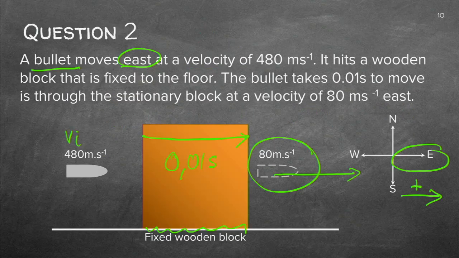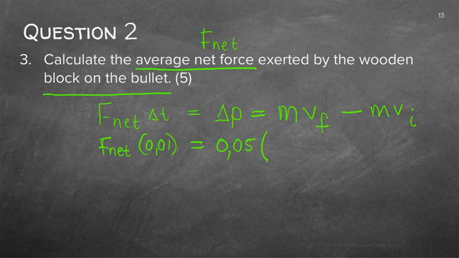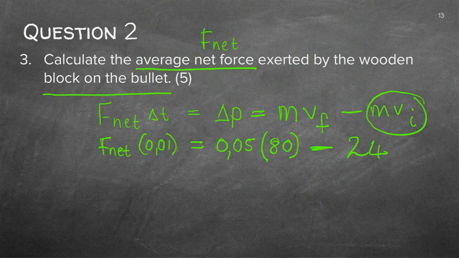Remember, in this diagram, they said to me, it's coming out with 80. So it's 80 minus, I have that value. They said to me, the momentum is 24. So I don't have to work out the initial velocity. Now you do the math, and you can now find the F net.